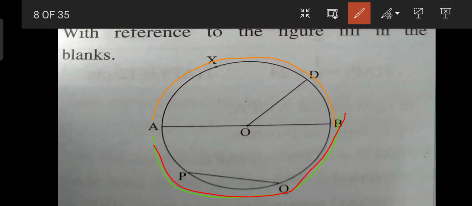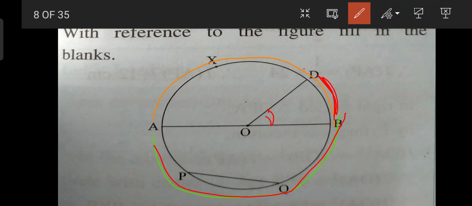Now we'll see what is the measure of arc DB. Arc DB means we are talking about this particular arc. Here the angle is being formed, so what is the angle? The angle is angle DOB. Another question: what is the measurement of angle DAB?